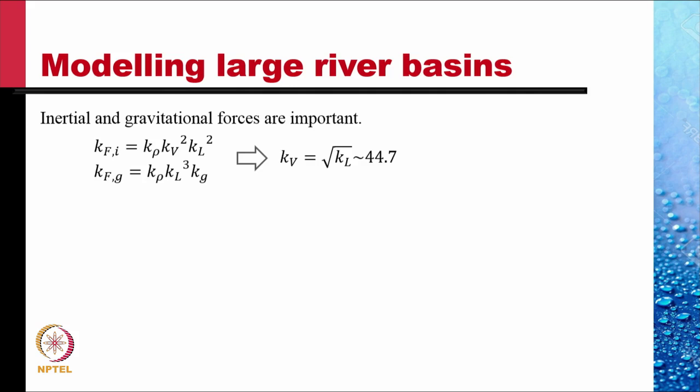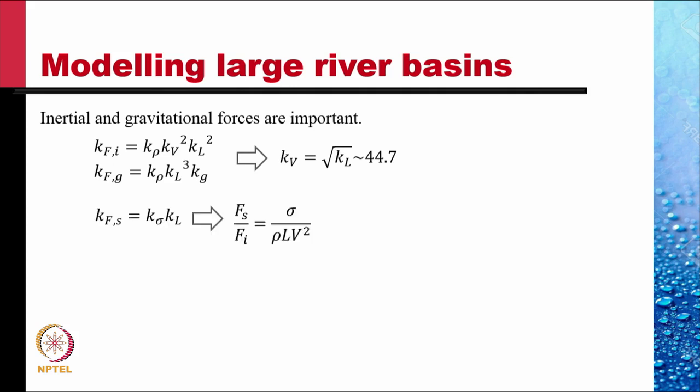The inertial force scale factor and the gravity force scale factor give you Kv equal to the square root of Kl, using the same fluid. So K rho is 1 and Kg is 1. And for a 1:2000 scale model, this gives you Kv of 44.7.